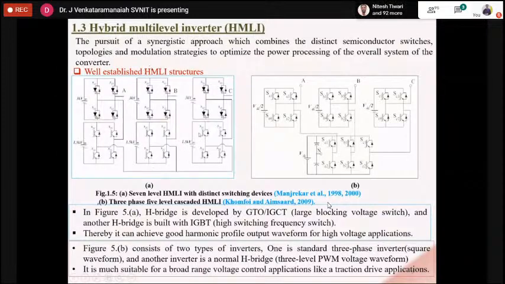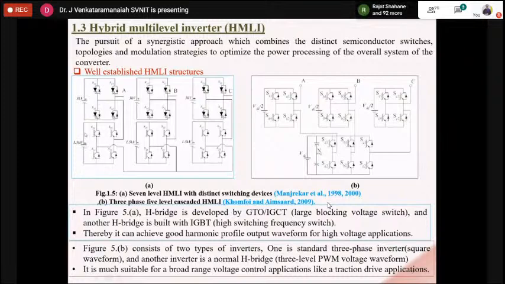See, in this configuration, it is a simple 7-level hybrid MLI with distinct switches. So this topology was also introduced by Manjrekar the same year. So what he did, this is a 3-phase configuration, and he has taken 2 H bridges with the asymmetrical nature of the supplies. But if you see the switches, the top H bridge uses GTO or IGCT switches, which block higher voltages.